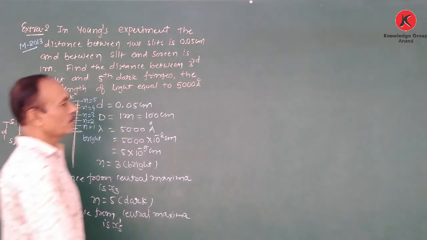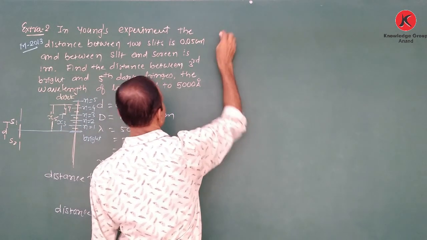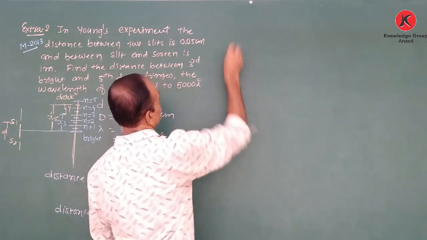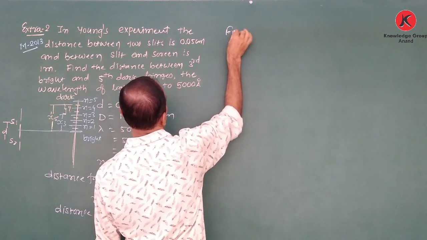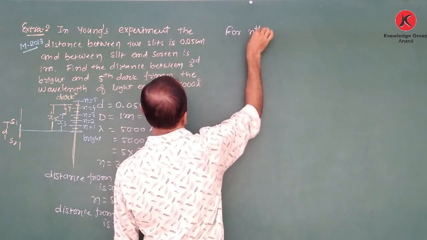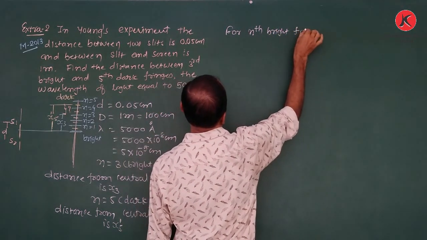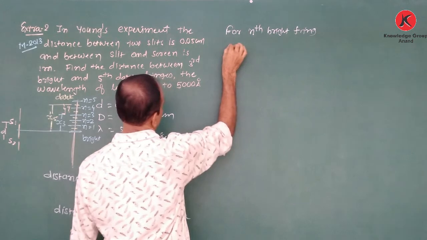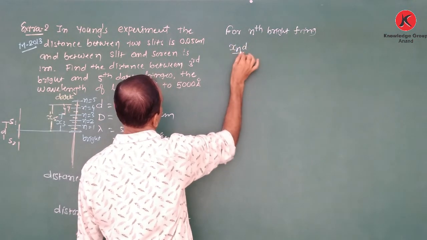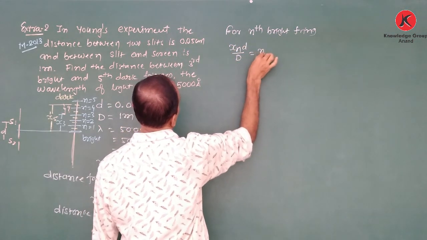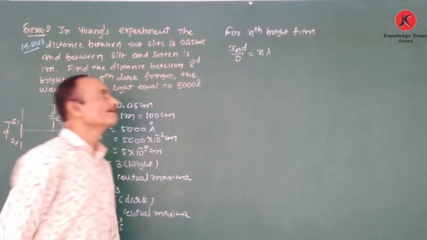For that purpose, for bright fringes there is xn d upon capital D is equal to n lambda.